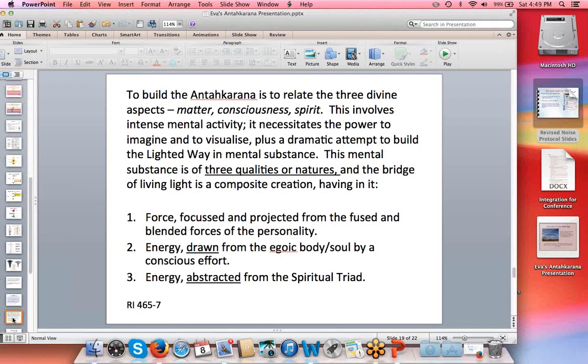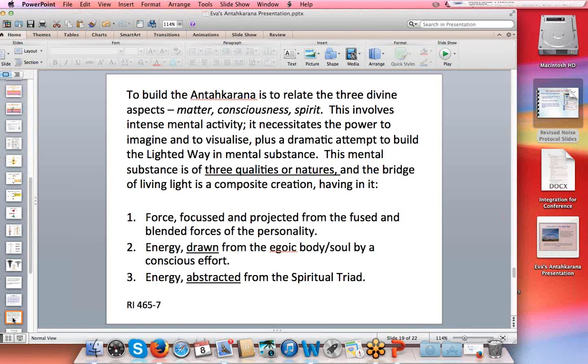What do we mean by force? Well, let's look at energy first. Energy is that pure energy that we draw down from our soul, and it's done consciously. Force, on the other hand, is energy as it moves through our matter, through our personality, through our filters, whatever it is. So it's changed somewhat.